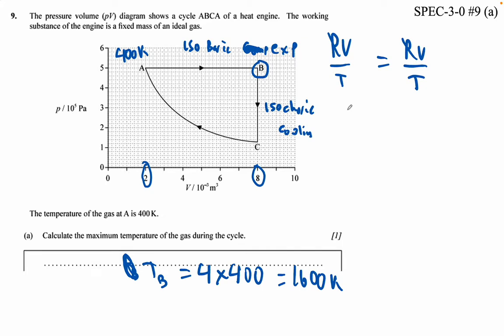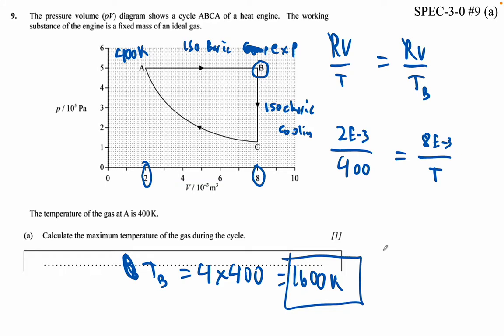So you've got 5, you've got 2 times 10 to the minus third over 400 equals, what is that, 8 times 10 to the minus third over whatever that temperature is at B, right? Okay. And then, of course, when you cross multiply and do all that stuff, right, you'll end up with 8 times this divided by that, which is the same as multiplying that by 4, okay?